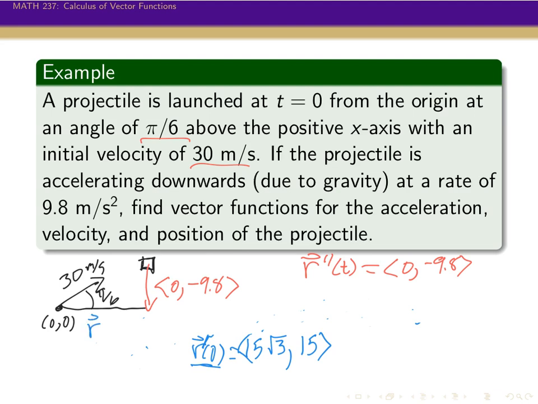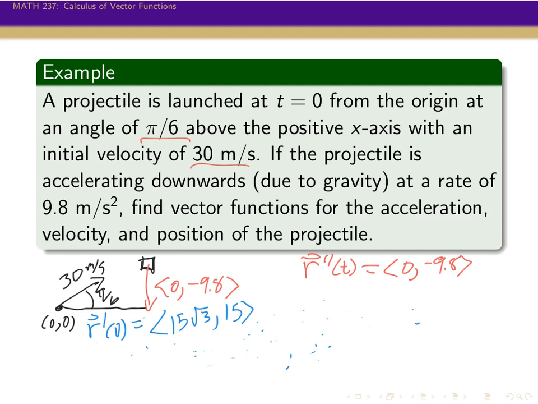Okay, so r prime at 0 is going to be 15 square root of 3 and 15. So we can get rid of that now. Okay, so we know what the second derivative is going to look like.